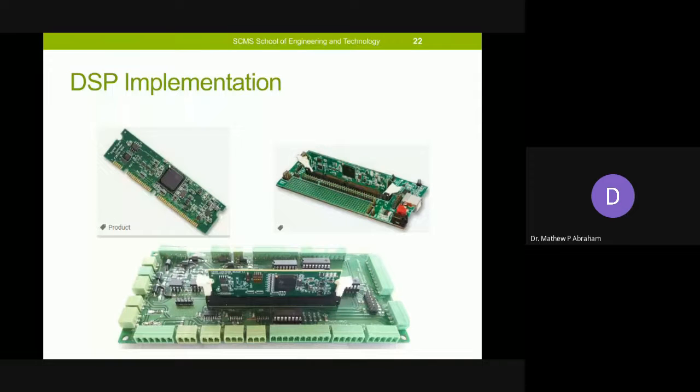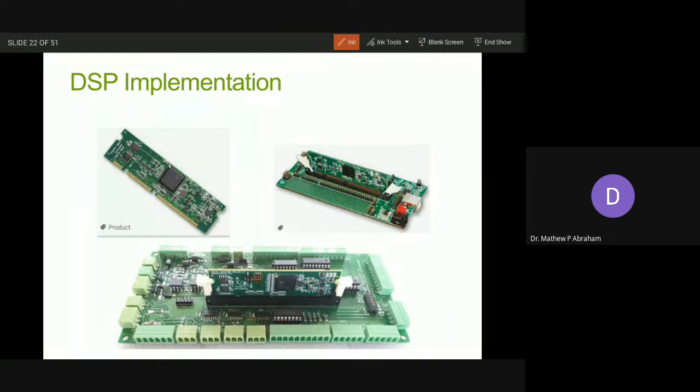So this is the standard board, TMS 28335 board available. So what we can do is we can directly take the output and input pins through this development board as such. This is sufficient for normal experimentation study.